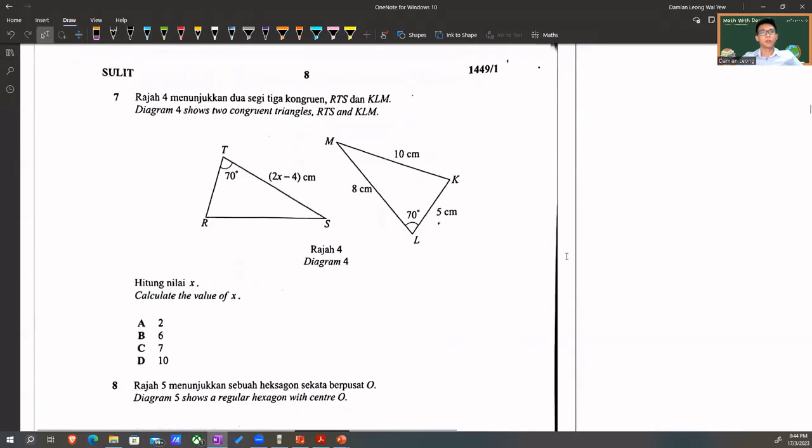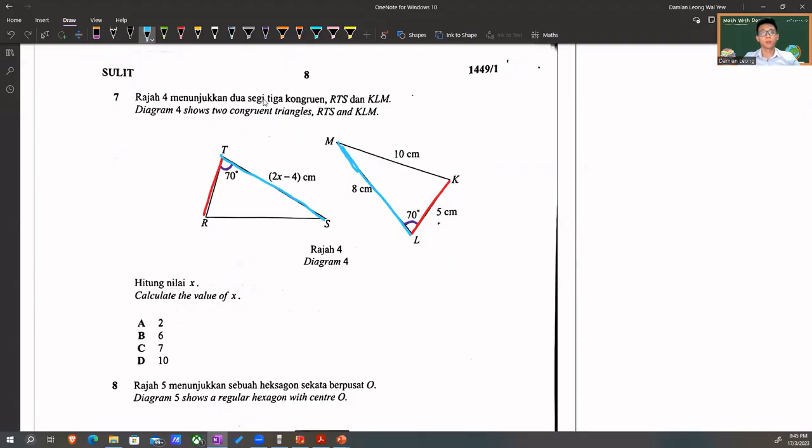Question 7. Find the value of x. So I have two congruent triangles. In two congruent triangles, this angle is the same as this angle. Just by looking at it, I think it's quite obvious. This is this, and this would be this, because the 70 has to be in between these two.